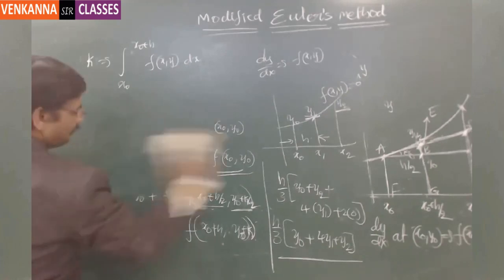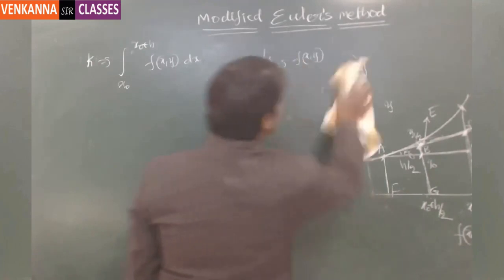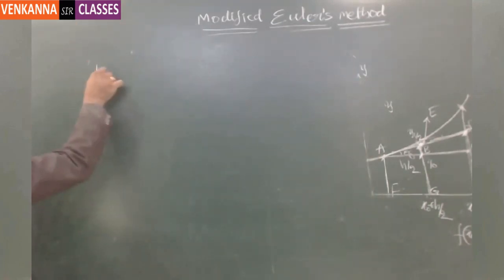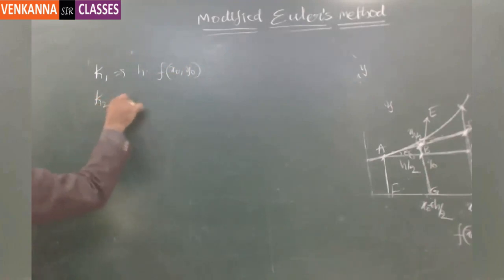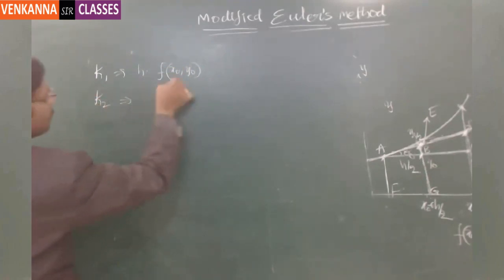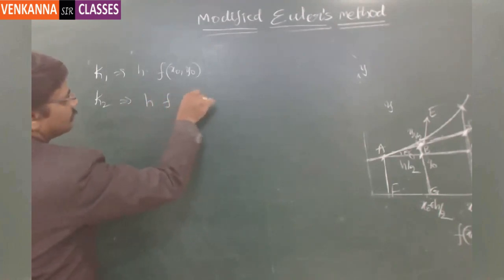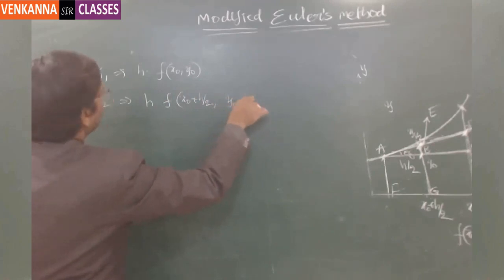So in general, for the application of this Runge-Kutta method, there are different constants that we are using. One is k1, which is h into f of x naught comma y naught. Then k2 is h into f of x naught plus h by 2 comma y naught plus k1 by 2.